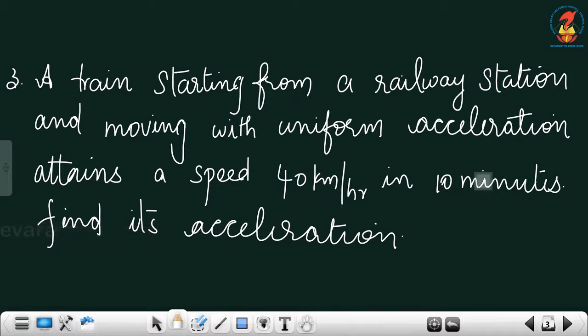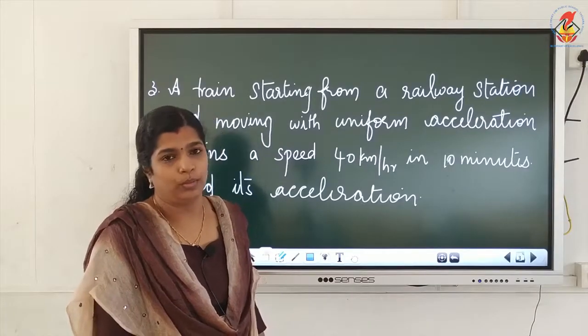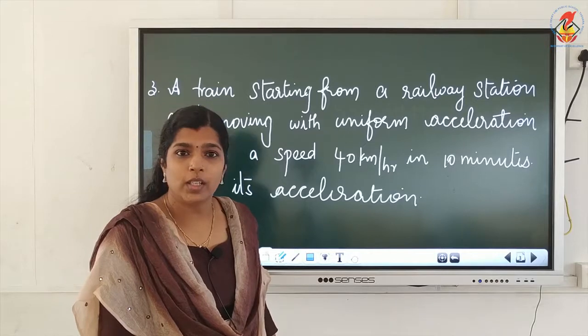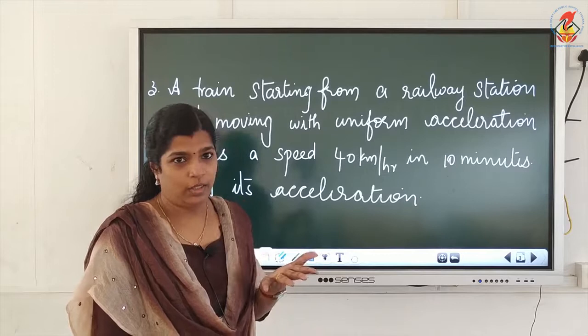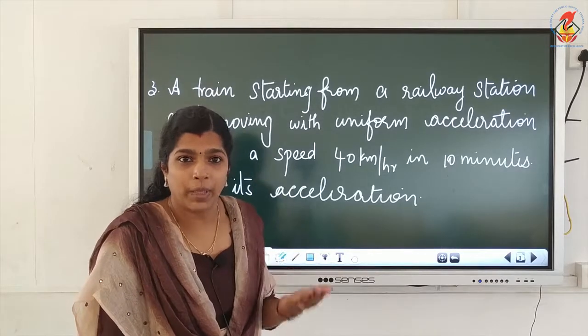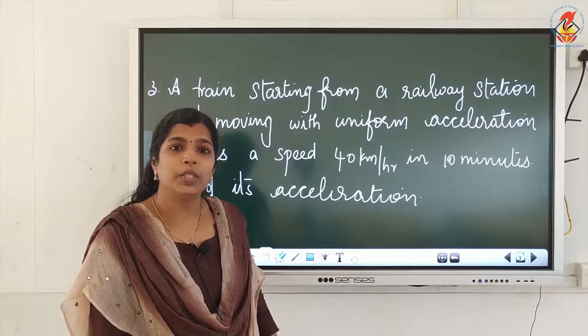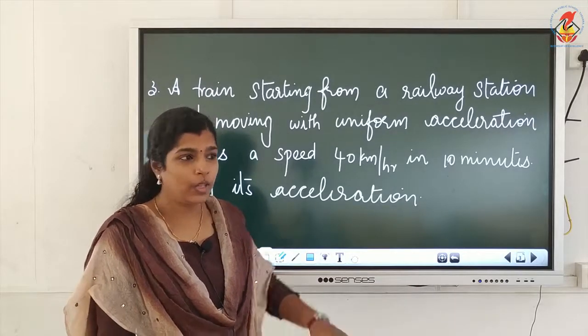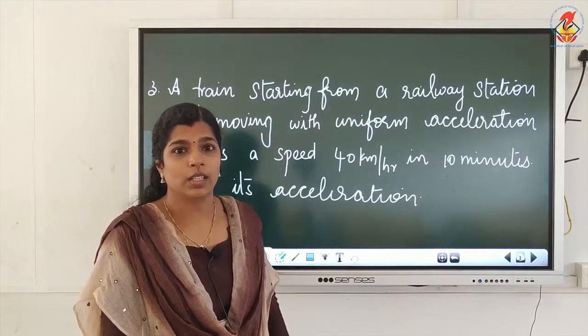If an object is starting, it means its initial velocity is 0. Starting from a railway station or a bus stop means the object is already at rest. Now it is starting. So initial velocity is 0.